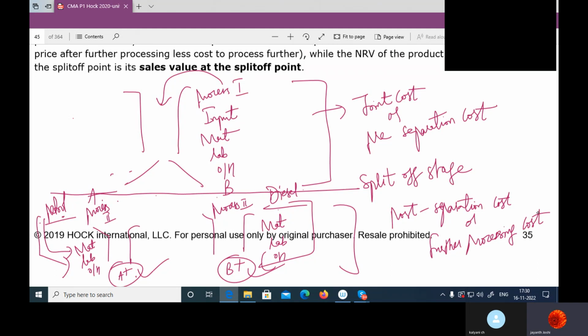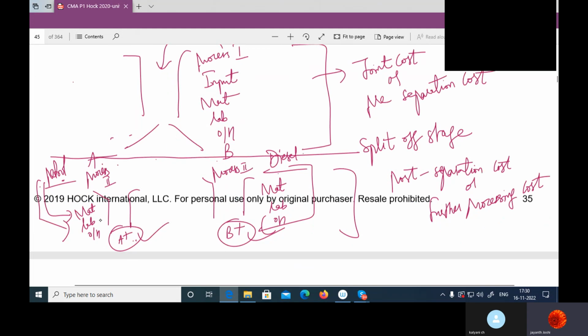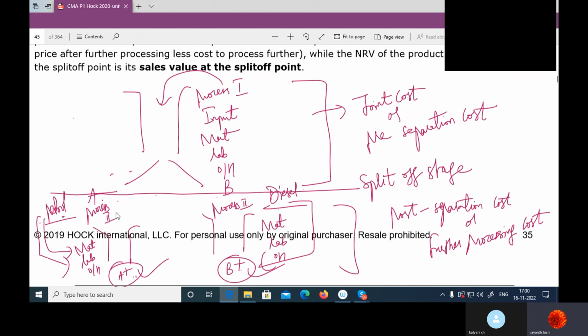Now the next point here is, since you understood that to find out A plus you want raw material which is petrol, and labor and overheads you'll add. To make B plus you want raw material which is diesel and you'll add labor and overheads, and you'll get the cost of that. But the point here is that the raw material has given me two different products, and I want to know the cost of those two different products.